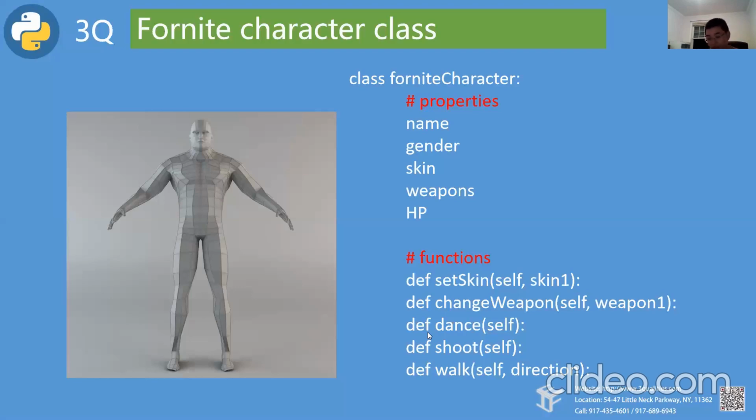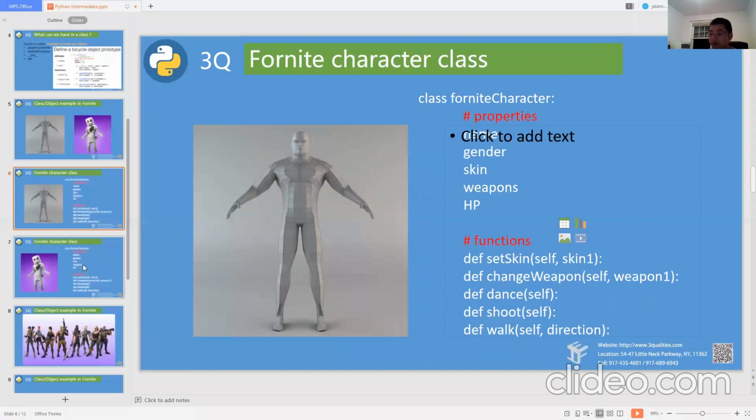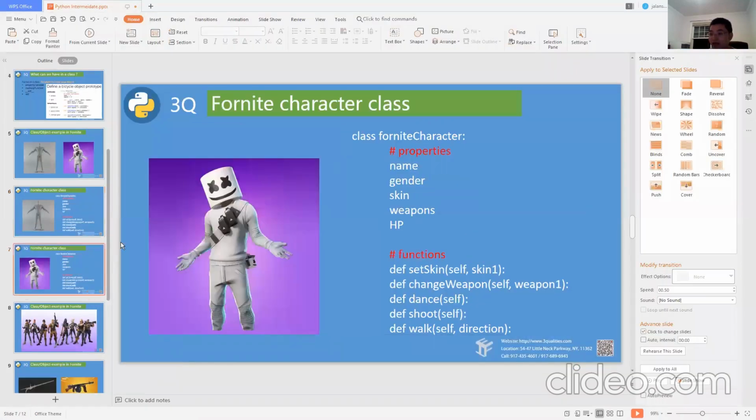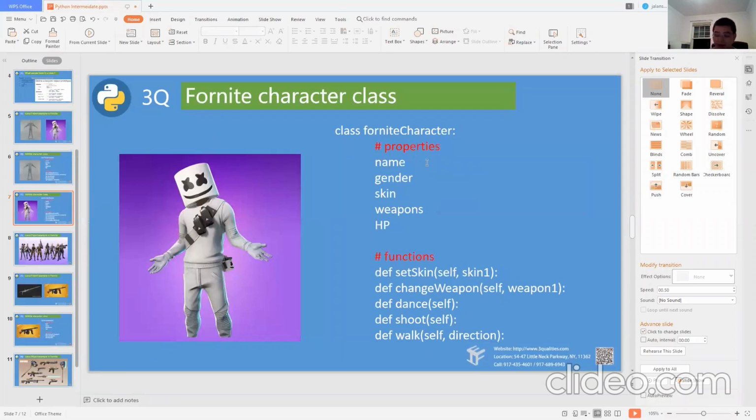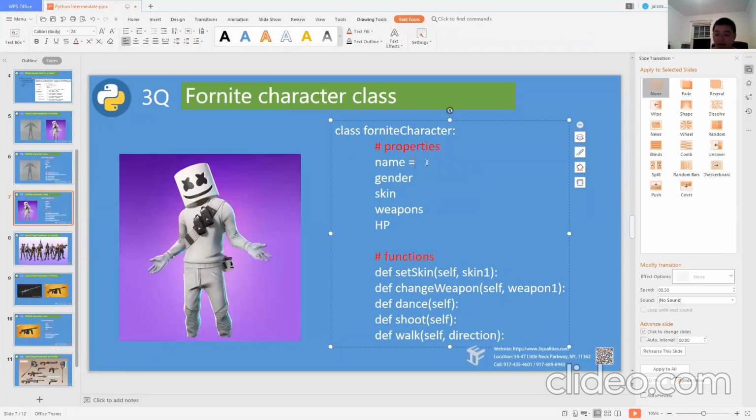Now, we said we try to create a detailed object. So now you come to the game, and at the beginning of the game, it asks, hey, what's your name? I'm going to say, my name is Alan.